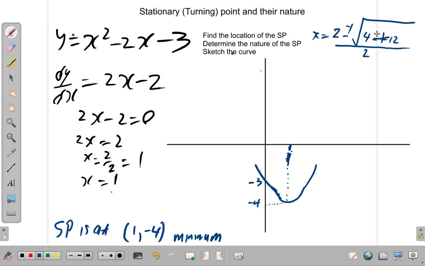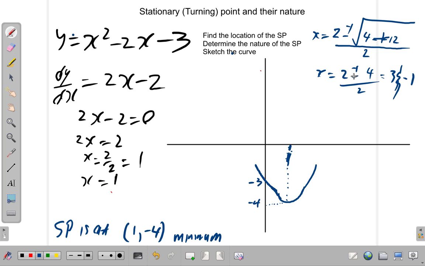So it's 12 and 4. 12 and 4 is what? 16. So what we have is x equals 2 plus or minus the square root of 16, which is 4, over 2. So 2 plus 4 is 6, over 2 is 3. And 2 minus 4 is -2, over 2, -1.